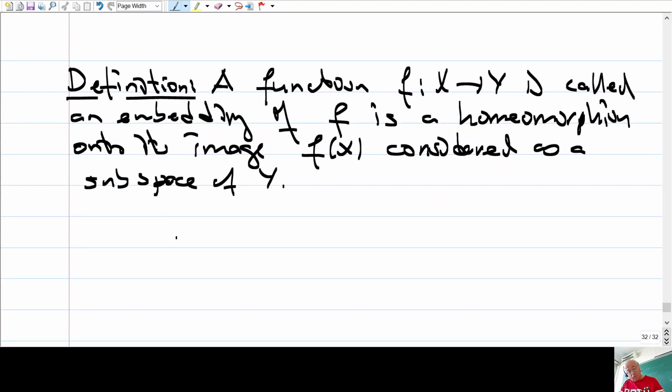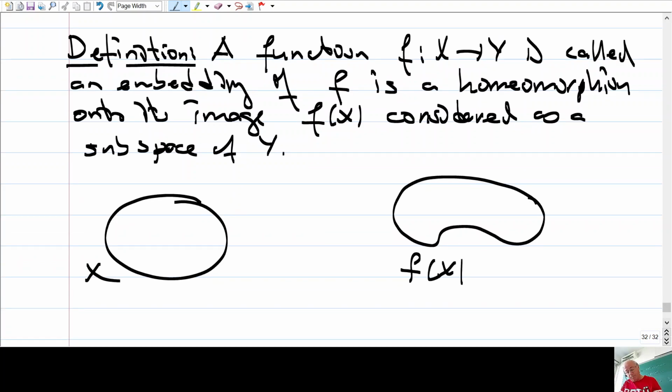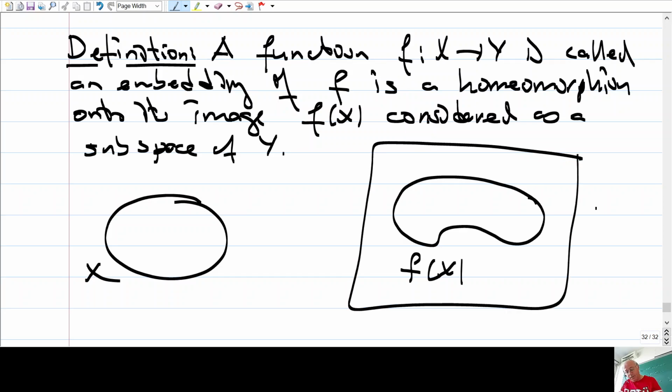okay, so here is, let's say, X, and its image is this f of X inside a bigger space, probably Y, and I consider f of X as a subspace of Y. So what are the open sets of f of X?